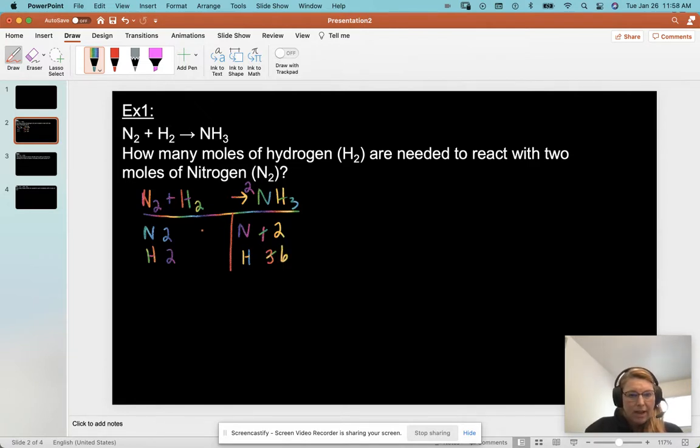So now I can check off my nitrogens. They are balanced, right? I have 2 here and I have 2 here. My hydrogens, I have 2 on this side and 6 on this side. But the good news is I know that 2 times 3 equals 6, so I can just put a 3 coefficient in here. So 3 times 2 makes 6, and those are balanced as well.